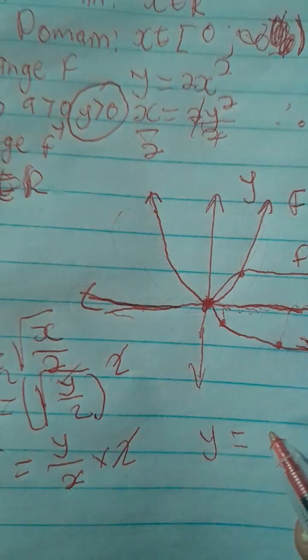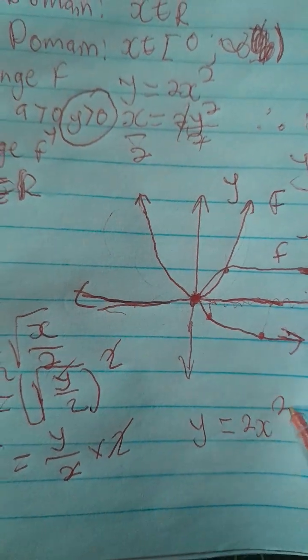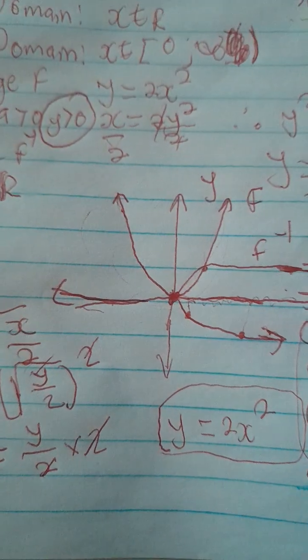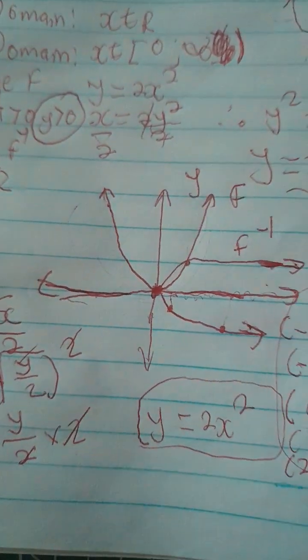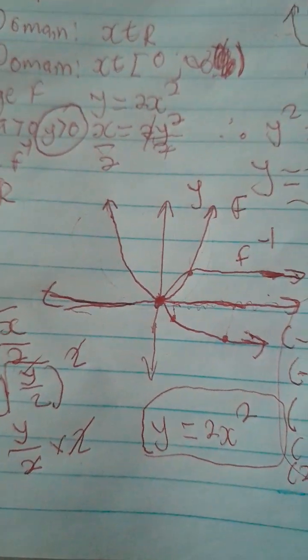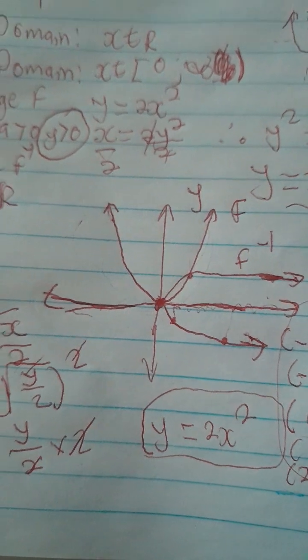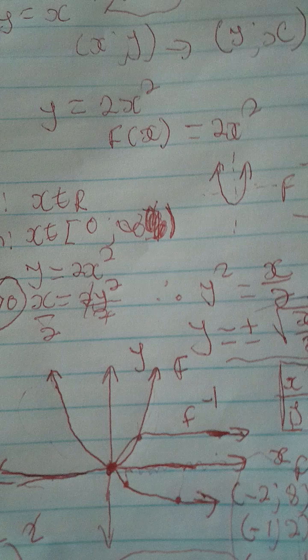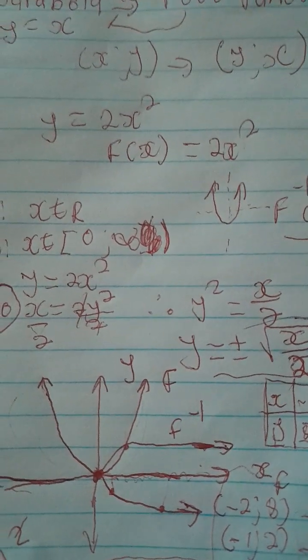So this will be 2x squared. So this will be the inverse of a root function. The inverse of a root function is a parabola, and the inverse of a parabola is a root function. So it's vice versa. It's very important. I was just highlighting important facts that you need to know, guys.